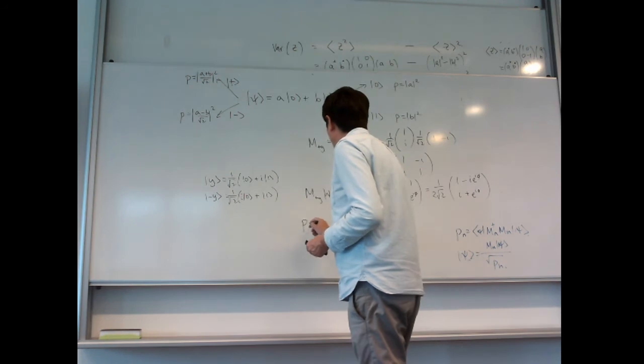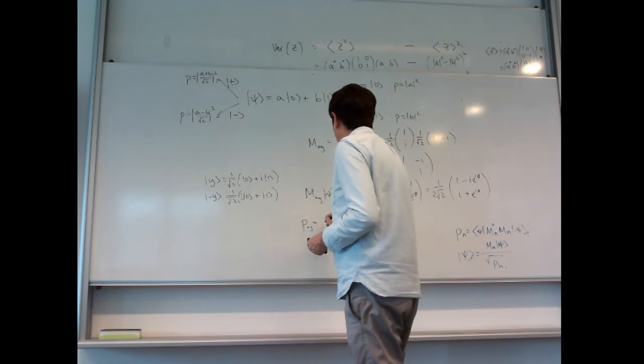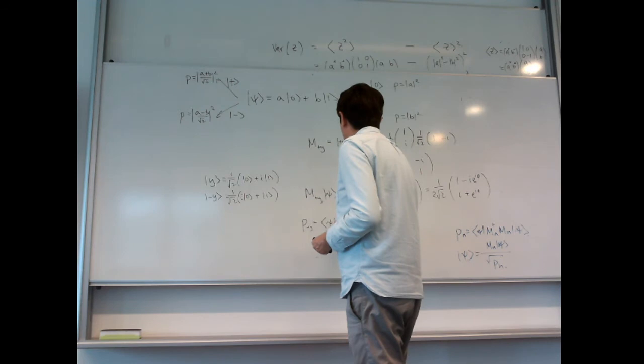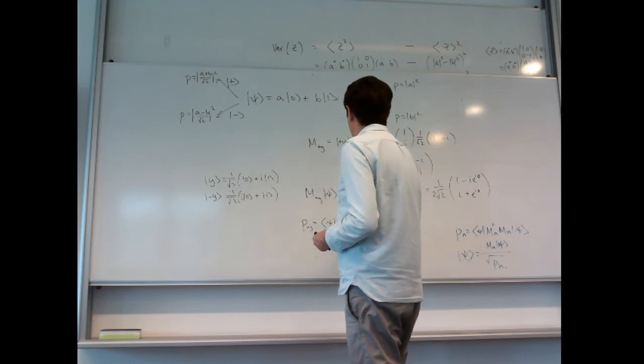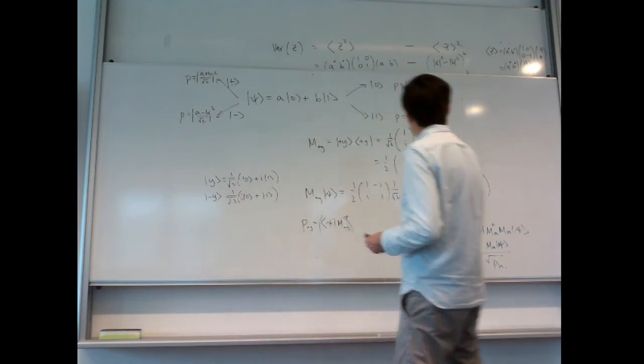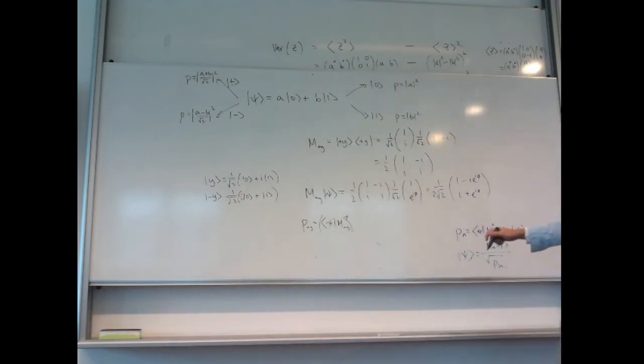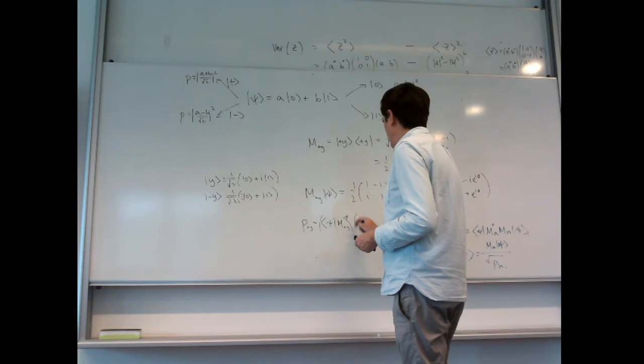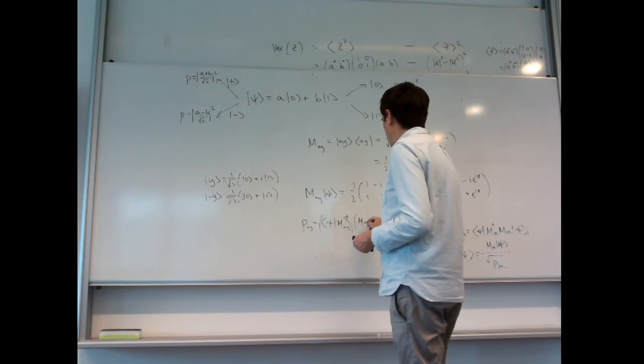And then the probability is just that. So you just work out the conjugate vector of that one and multiply it by itself.